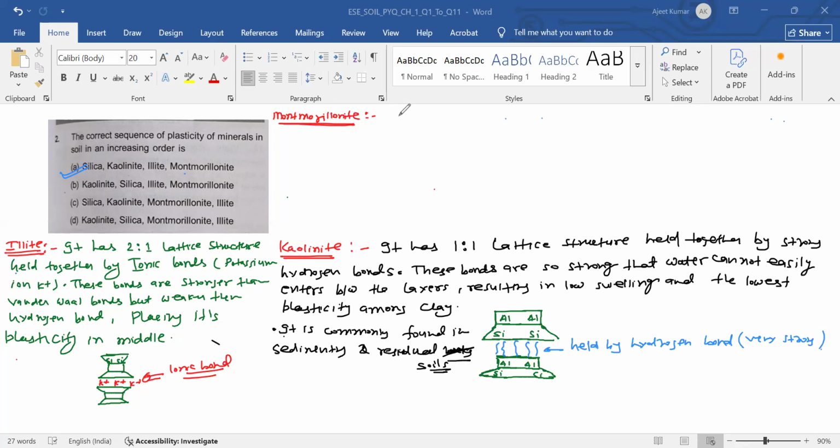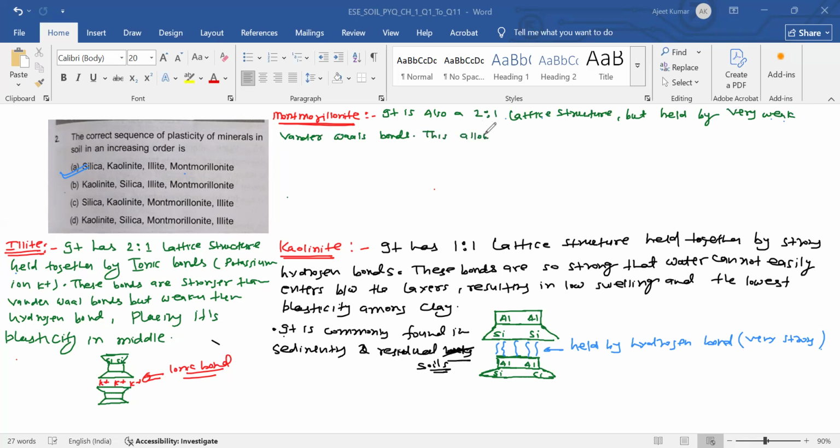So it is also a 2:1 lattice structure, similar to illite, but held by very weak van der Waals bonds.